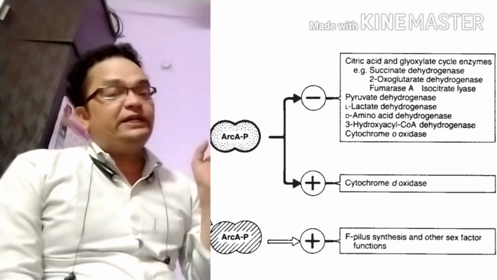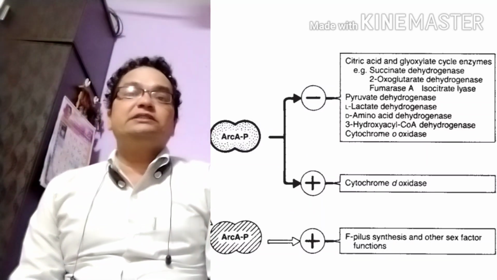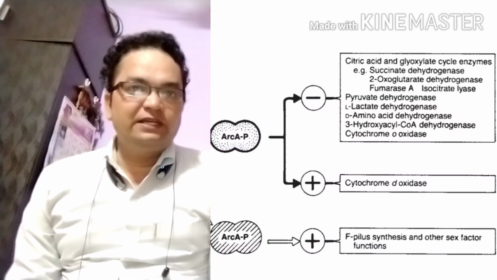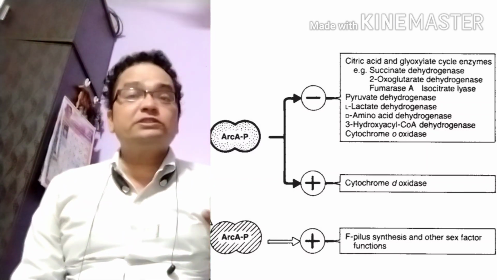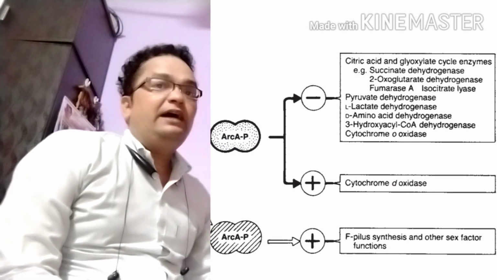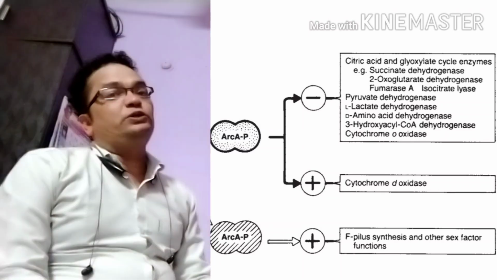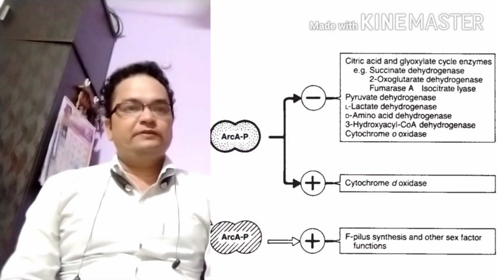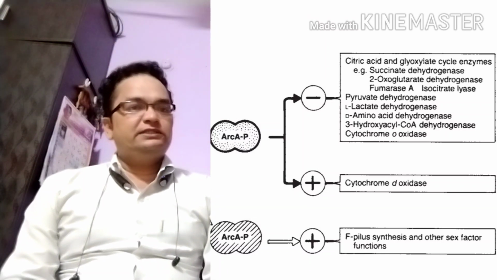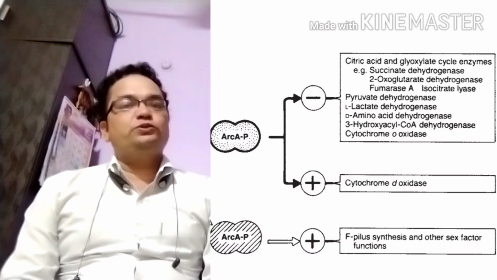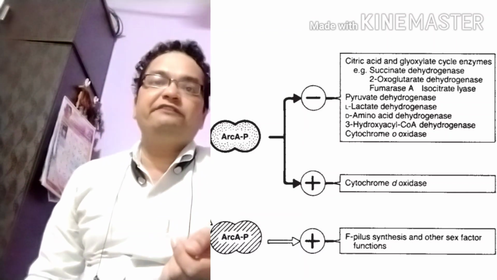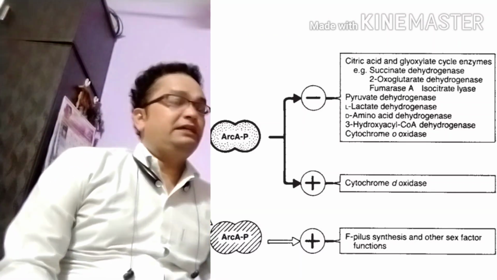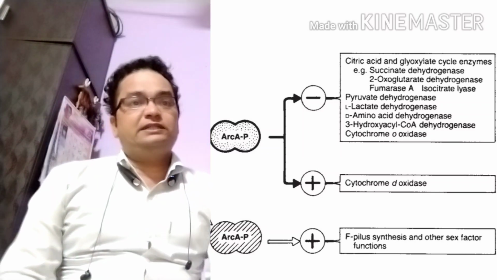It inhibits pyruvate dehydrogenase, lactate dehydrogenase, amino acid dehydrogenase, beta hydroxyacyl CoA dehydrogenase, and it also inhibits the cytochrome O oxidase. There is another role of this ARCA, which is involved in the activation of F+ synthesis and other sex factors, but that is out of the scope of this topic.